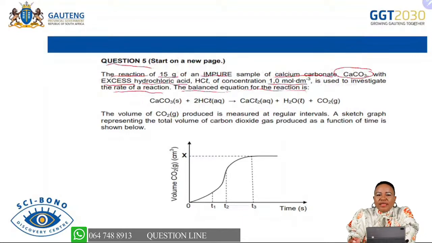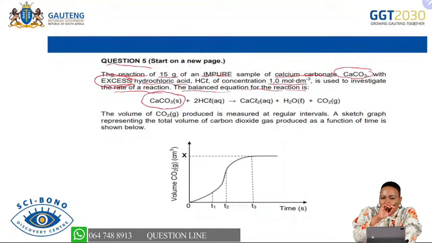Some of the words in your statement give you clarity about the question. Immediately when you see the words excess hydrochloric acid, you know that not all the hydrochloric acid will be used up during this reaction. So it means our calcium carbonate is the limiting reactant, as the hydrochloric acid will be in excess.